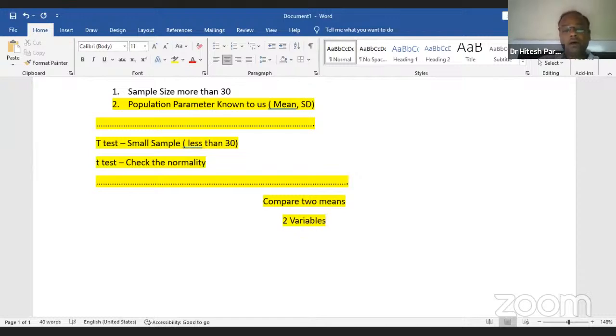The variable number 1, we will call it the grouping variable. And the grouping variable is what? Exactly two groups, dichotomous. And the variable that we will be comparing is either interval or ratio.